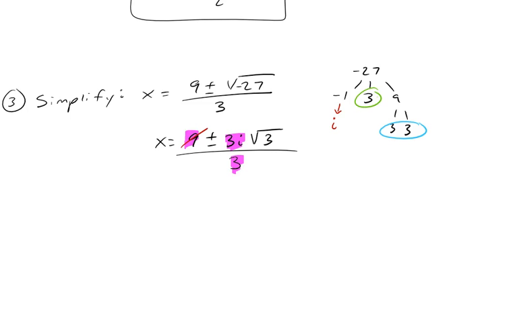So 9 divided by 3 is 3. 3i divided by 3 is just 1i, or i. And 3 divided by 3 is 1. So I get a final answer of x equals 3 plus or minus i radical 3.